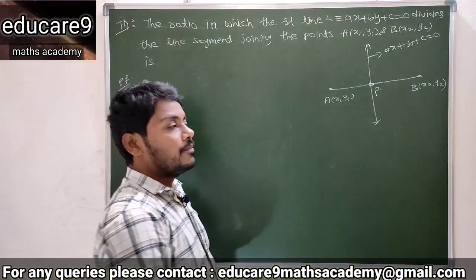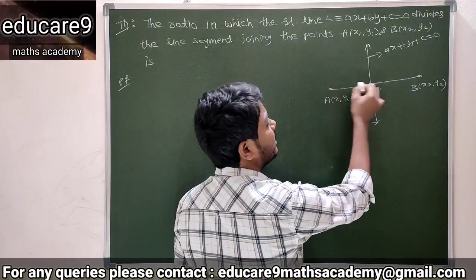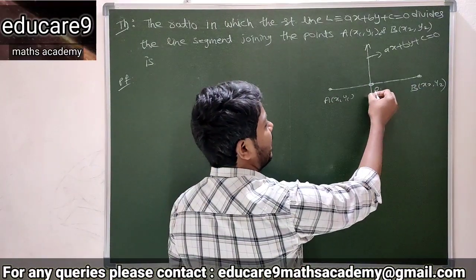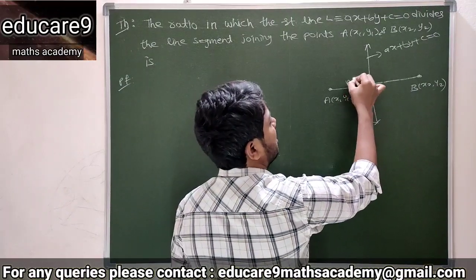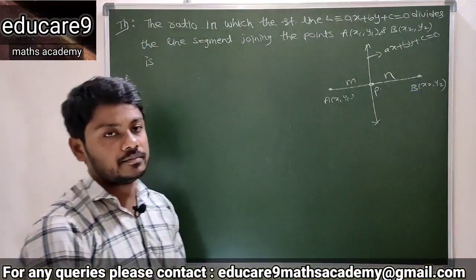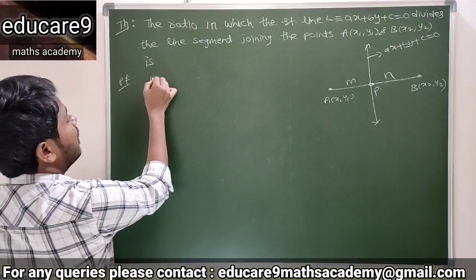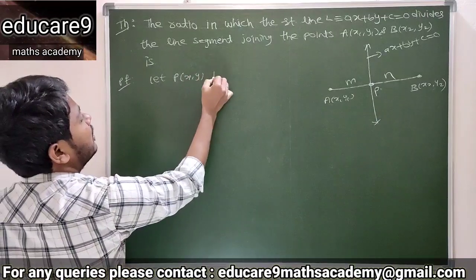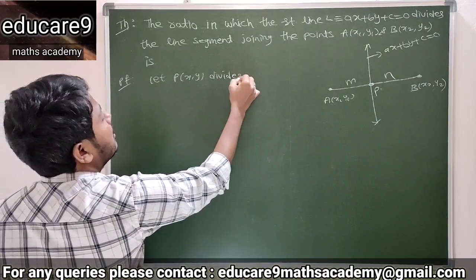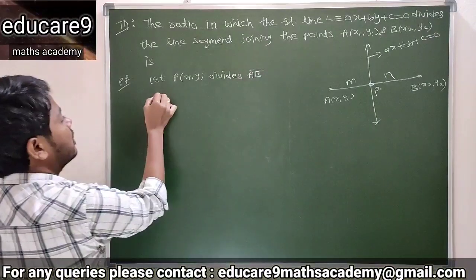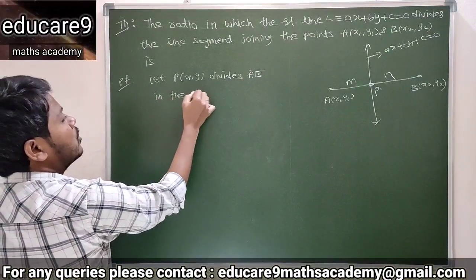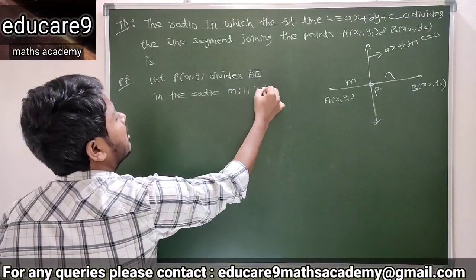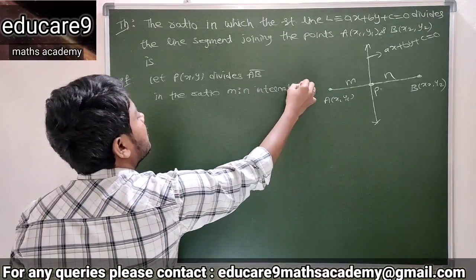For finding the PA to PB ratio, let us assume P(x, y) divides the line segment AB in the ratio m is to n internally.